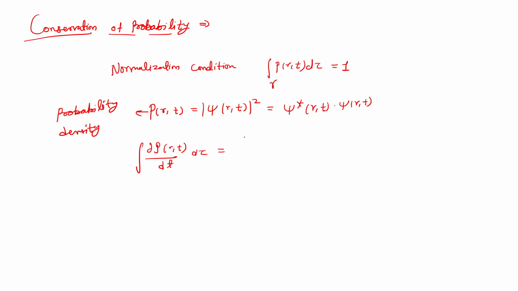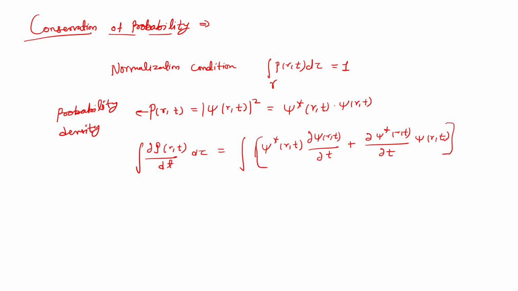If I differentiate this product, we have to take the first and second function. If I choose psi star(r, t) as function 1, then I have to differentiate the second function with respect to t, keeping psi star as a constant, and then differentiate psi star with respect to t, keeping psi(r, t) as a constant, d tau. So this is what we are going to get.